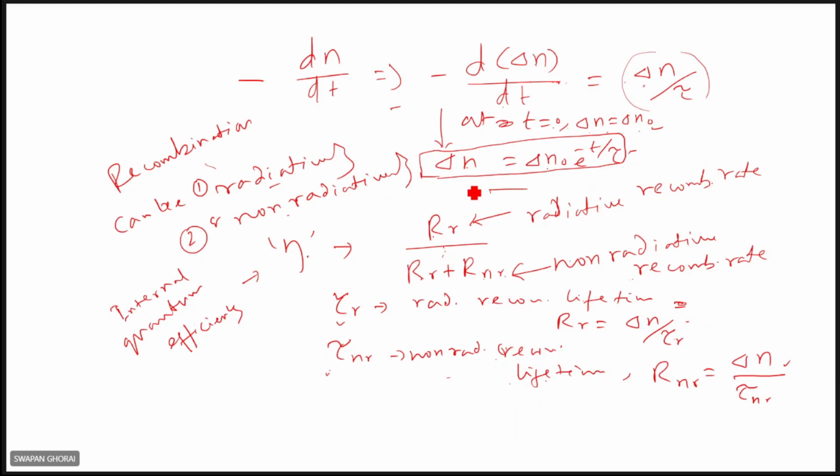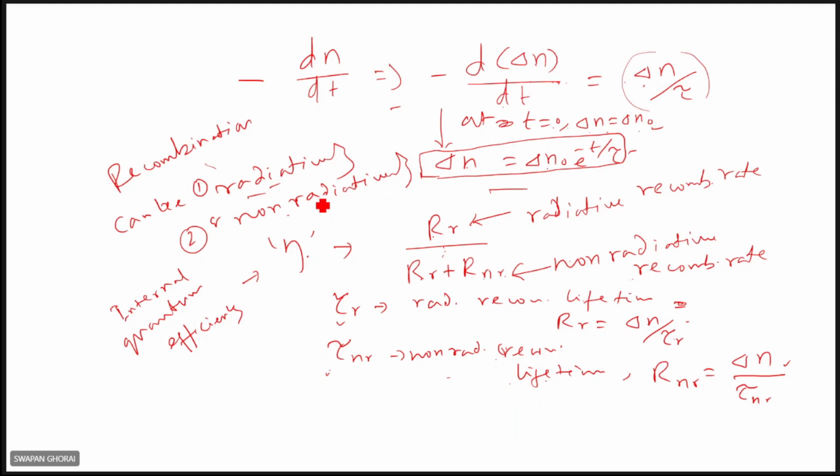So this is the excess carrier concentration. Now, these excess carriers can recombine radiatively or non-radiatively. Radiative recombination gives light. In non-radiative recombination, you can have some other form of energy, say phonons, crystalline vibrations.